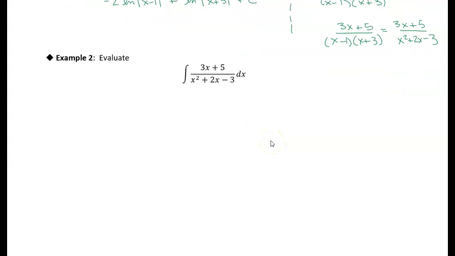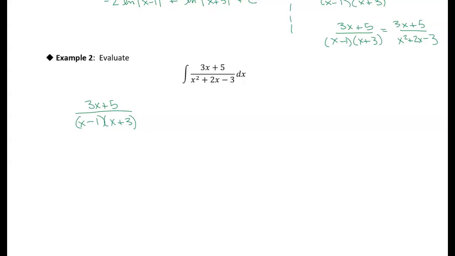How can I take this 3x plus 5 over x squared plus 2x minus 3 and break it down? The first thing I would do is just factor the denominator so that you can see what's happening. If I factor the denominator, the factors of -3 that add up to 2 give me x minus 1 times x plus 3.